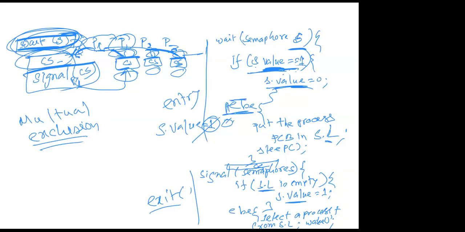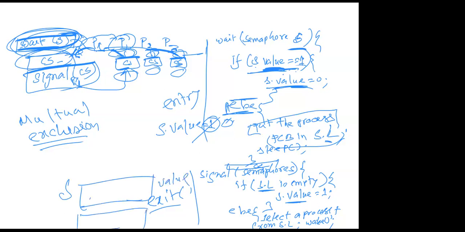What does the else statement do? It puts this process inside the list. The semaphore has two fields, as I already mentioned: one is the value field, and the other is the list field. The value is currently 0, and the list is empty. So it will put the process into this list.